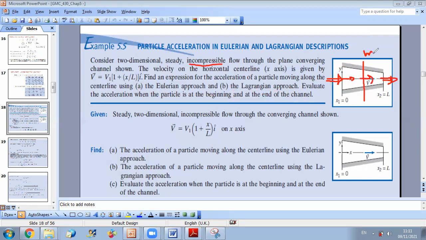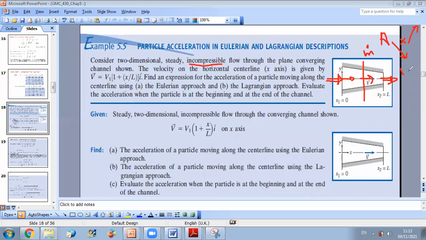Since m dot is constant, and we know that m dot is proportional to both A and V, in this system, since I have a converging channel, A is decreasing as x increases. What will happen for the velocity?